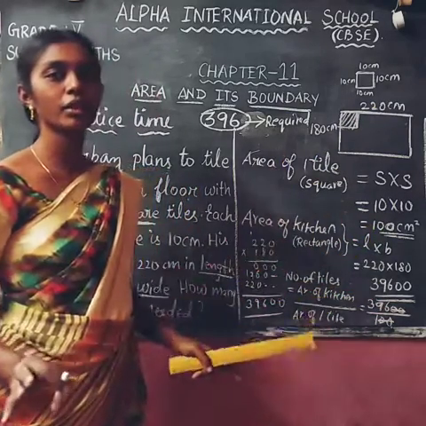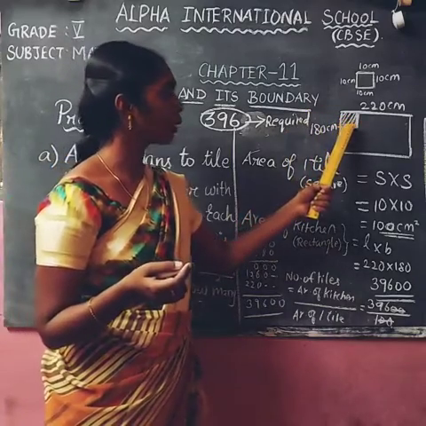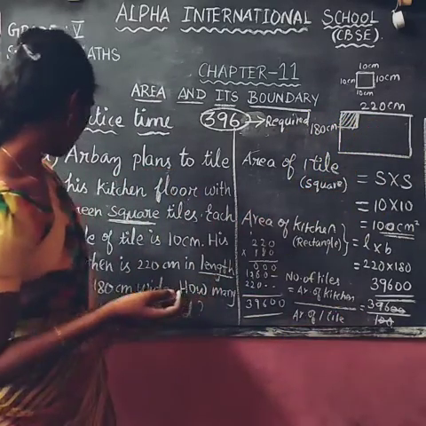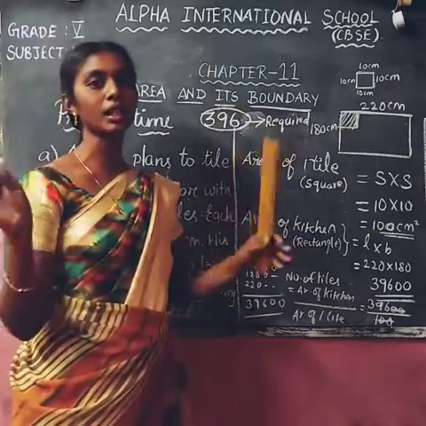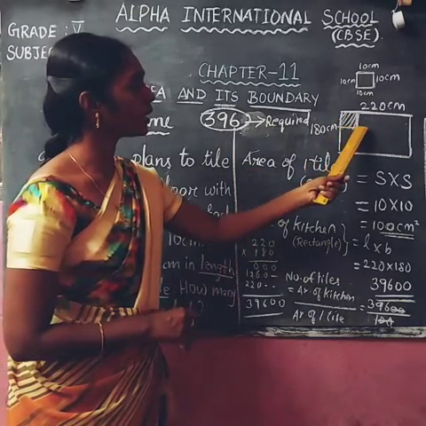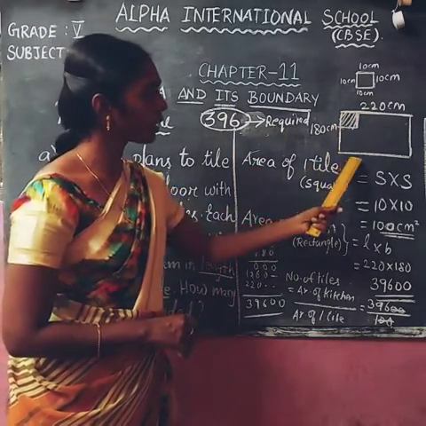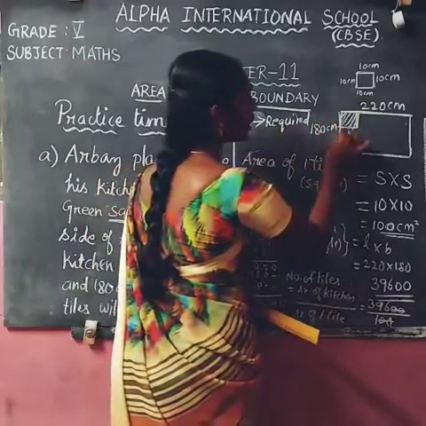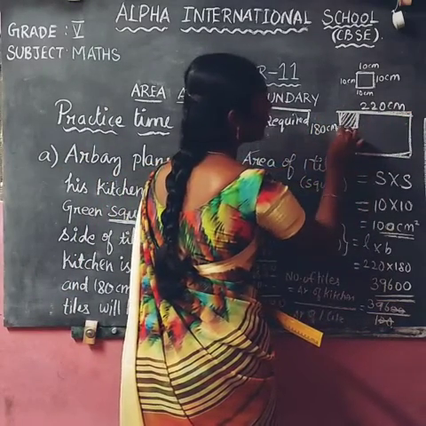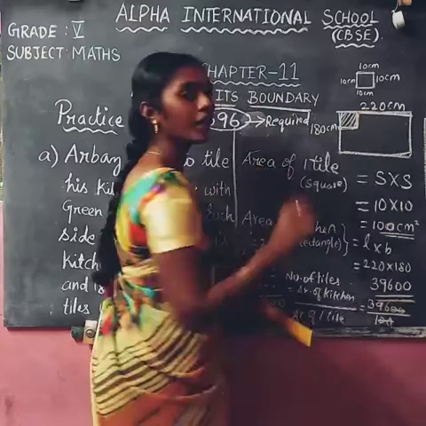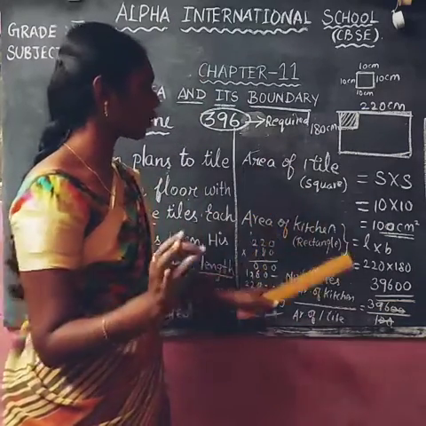Now what are they asking in the question? How many tiles are required to complete? How many tiles will he need? I have already found this area. If I divide the total area by the area of one tile, I will get the number of tiles. That is the concept used here.